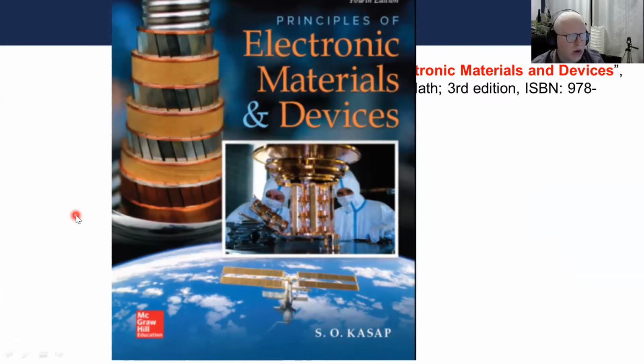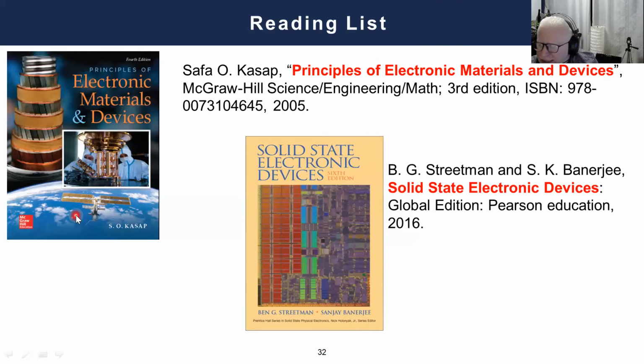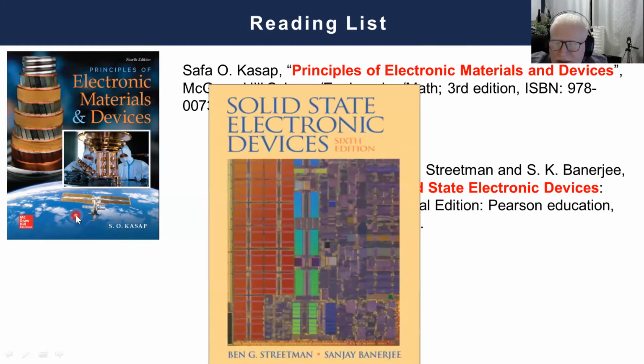This is a very good reference for you. I believe you will enjoy it. By the way, it can be accessed in the university library, and also I can share with you an online or a soft copy if you would like. The second one is Solid State Electronic Devices by Streetman, one of the most famous references about solid state devices.